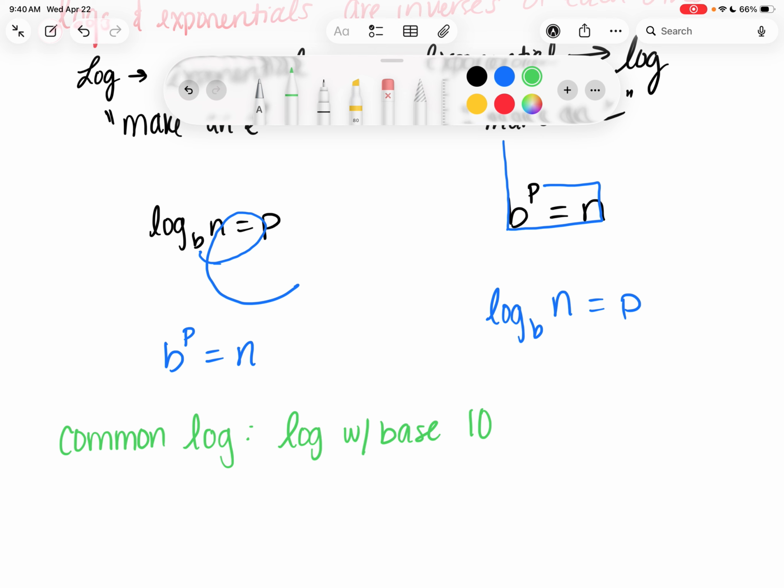That is common log, or what we would call log base 10. So if there's no number written in the base, then that means that it's a log base 10 and that's the button that you would use. Okay? So you'd see it written like log of x, which means log base 10 of x.